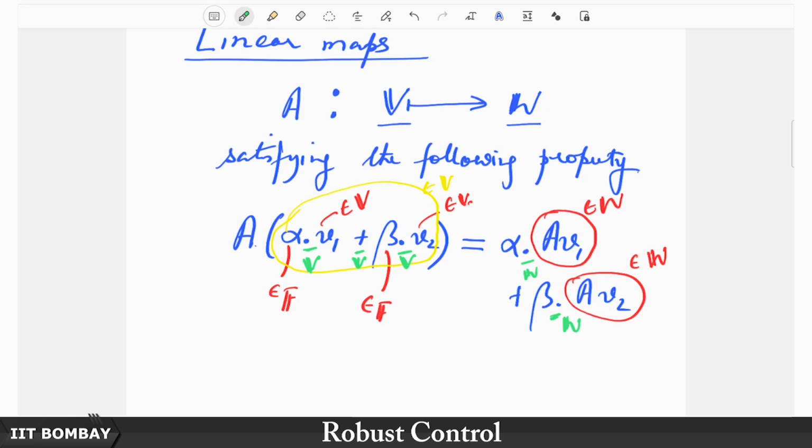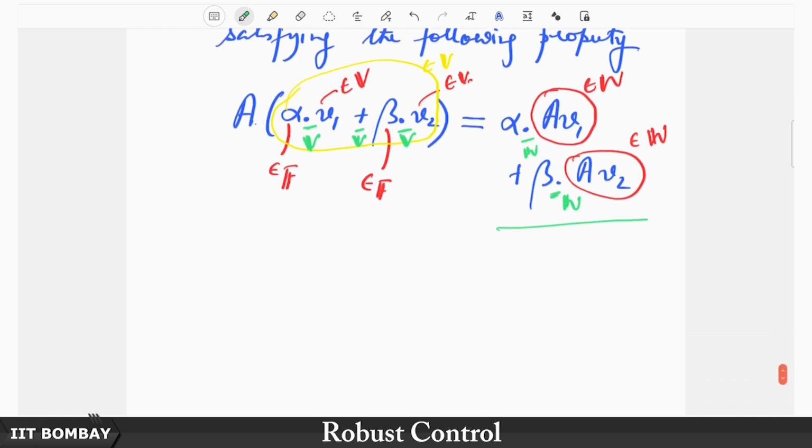The second linear combination, by the way, is happening in W. So, on the right hand side this is a linear combination of elements in W. On the other hand, this yellow part that I have marked out here is a linear combination of elements in V. So, whether you first take a linear combination of elements in V and then get this linear map to act on it, it would be the same as getting these individual elements in V to be acted upon by the linear map, and then taking their linear combination in W. So, that is the defining property of a linear map.